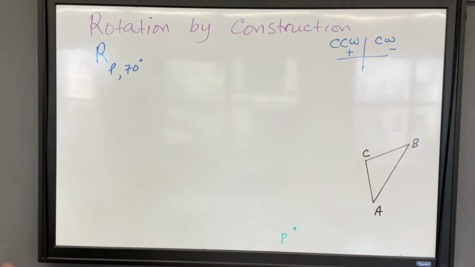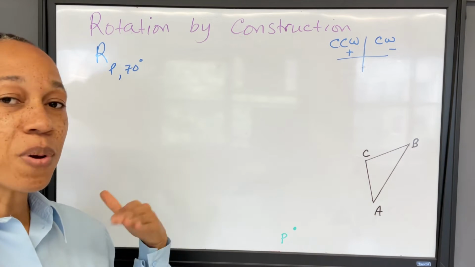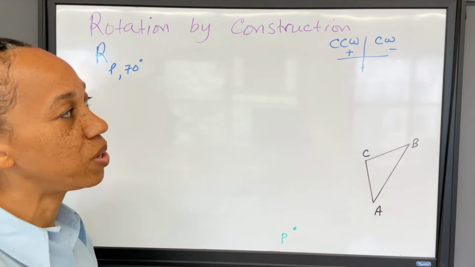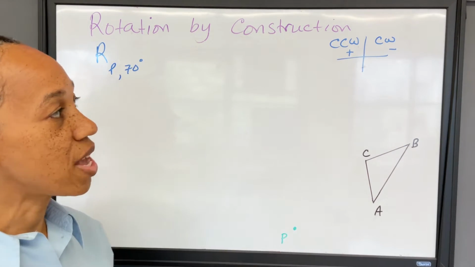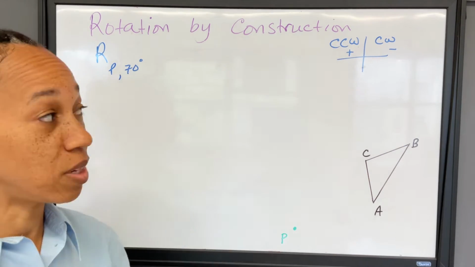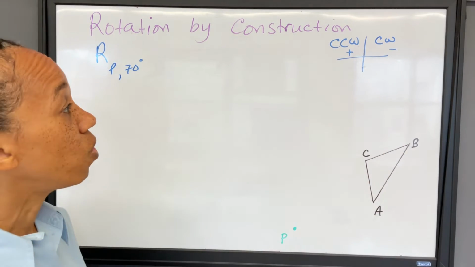Now the first thing that you need to know is that when we are talking about something that's been rotated, only for construction purposes, we'll use counterclockwise, which is a positive degree, and negative degree is clockwise, which is going the opposite direction. So you need to know that.